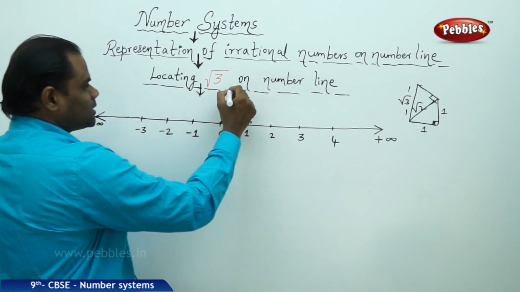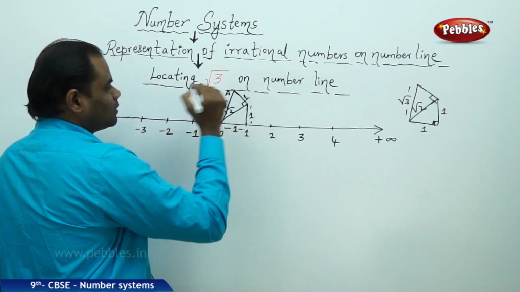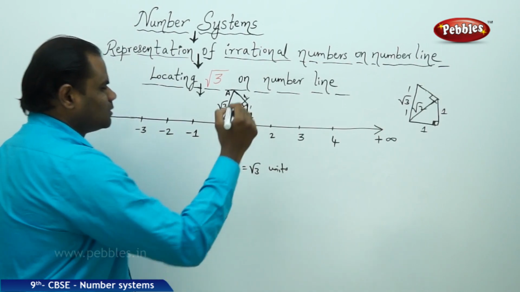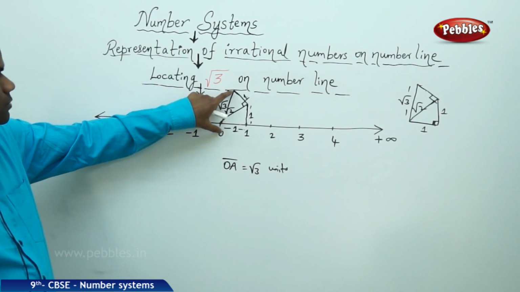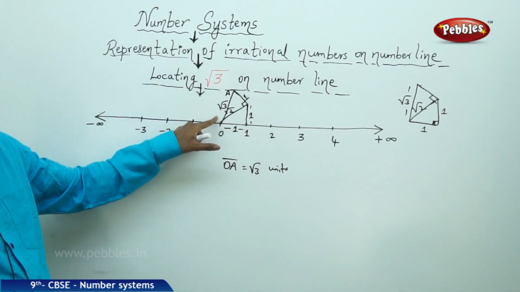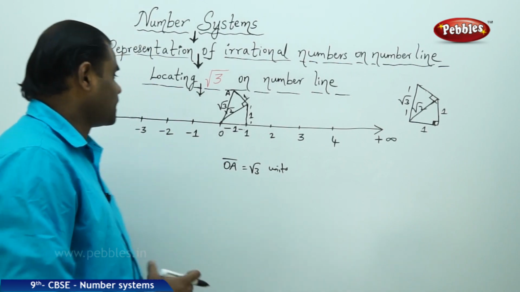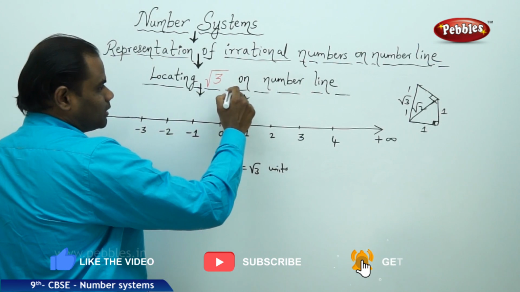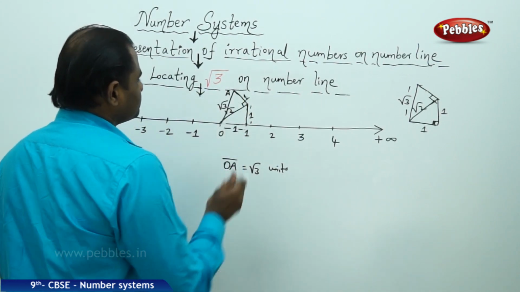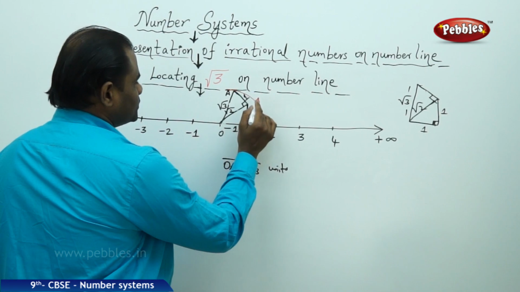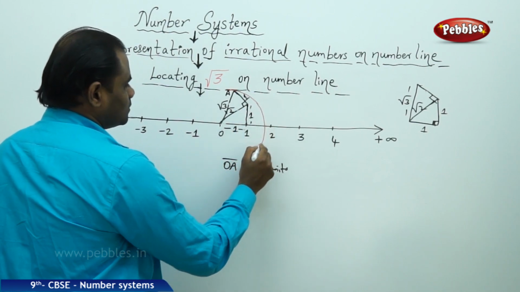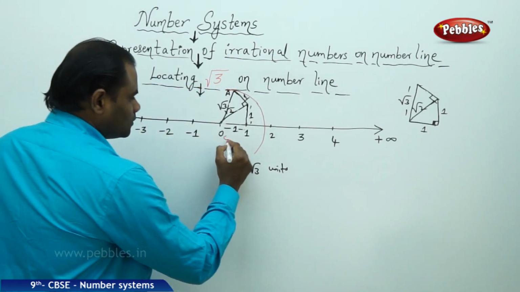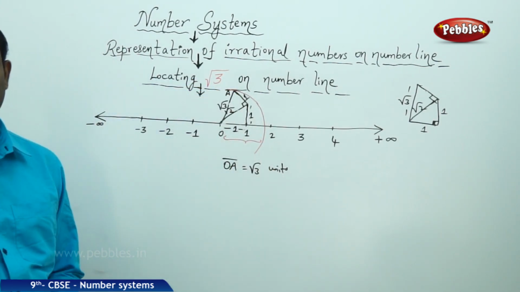So here, for example, is OA with length root 3 units, as constructed through the Pythagoras theorem and discussed in the previous session. I take the compass, put the center at O, and draw an arc from A, which extends out here, and therefore I get the radius root 3, which is also the radius out here on the number line.